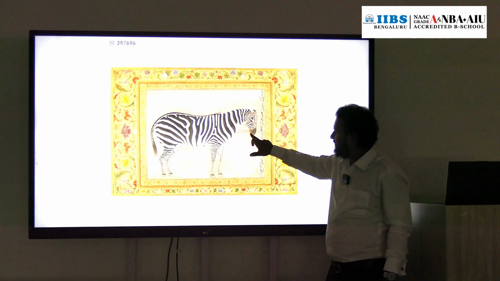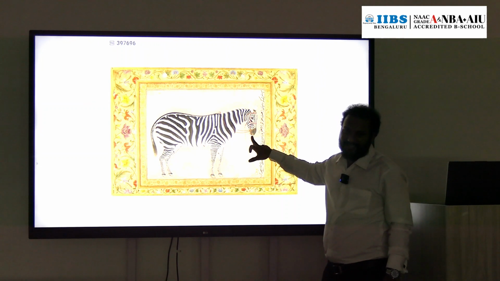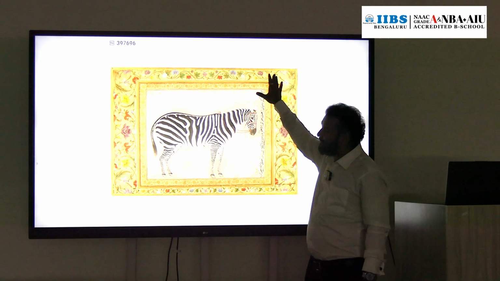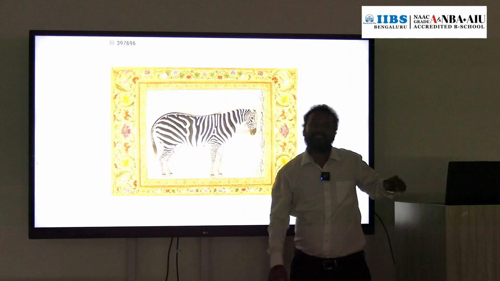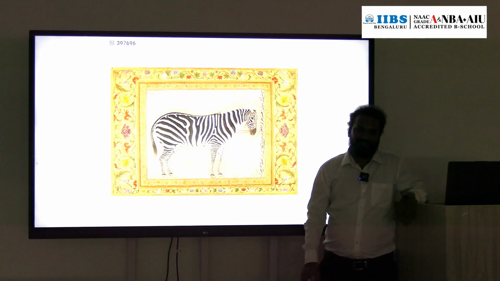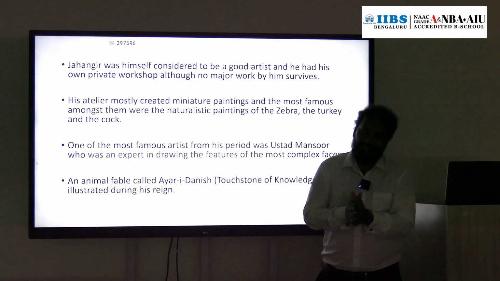This is a zebra painting. Can you see the margins on the painting? They are highly decorated, even more beautiful than the object itself. That is the uniqueness of the paintings developed during Jahangir's time.